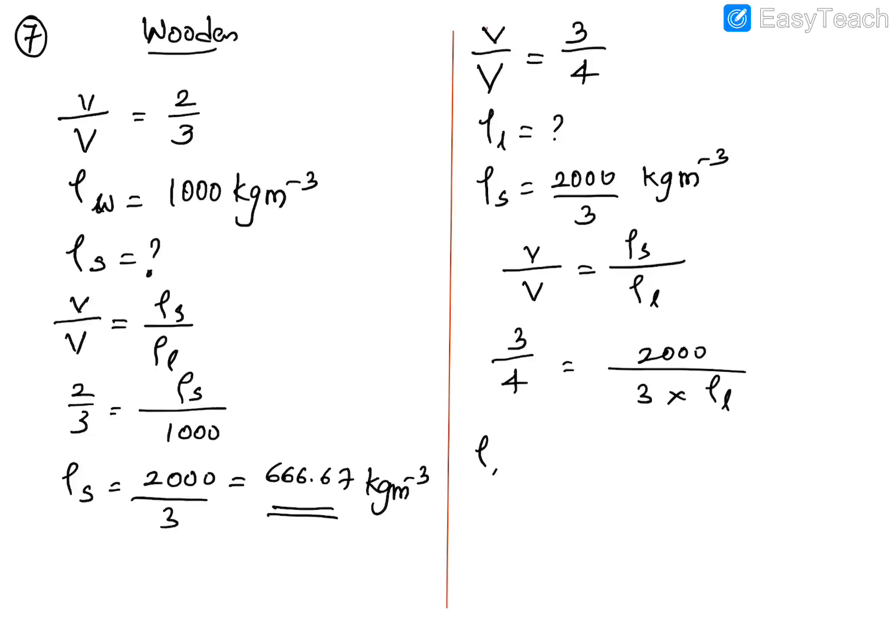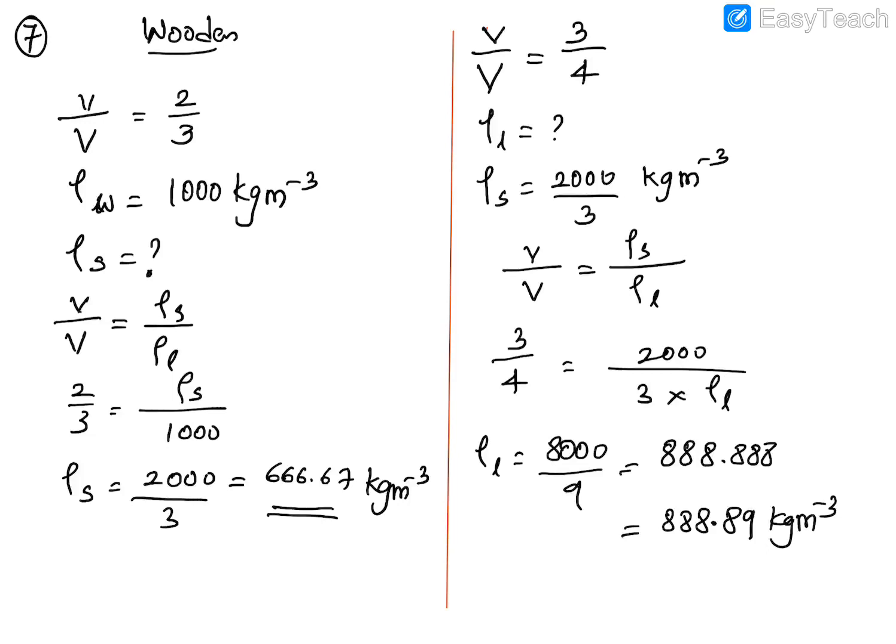So cross multiply, you will get 8000 upon 9. 9 8s are 72, 80 remainder. That gives 888.8888, so you round it off to 888.89 kg per meter cube. Guys, change the answer in the textbook. You'll have to change both the answers, first and second part.